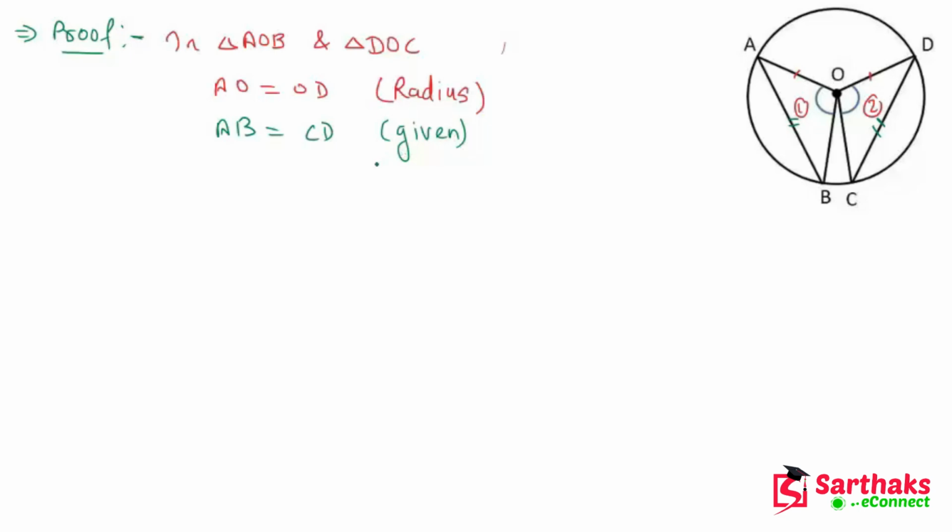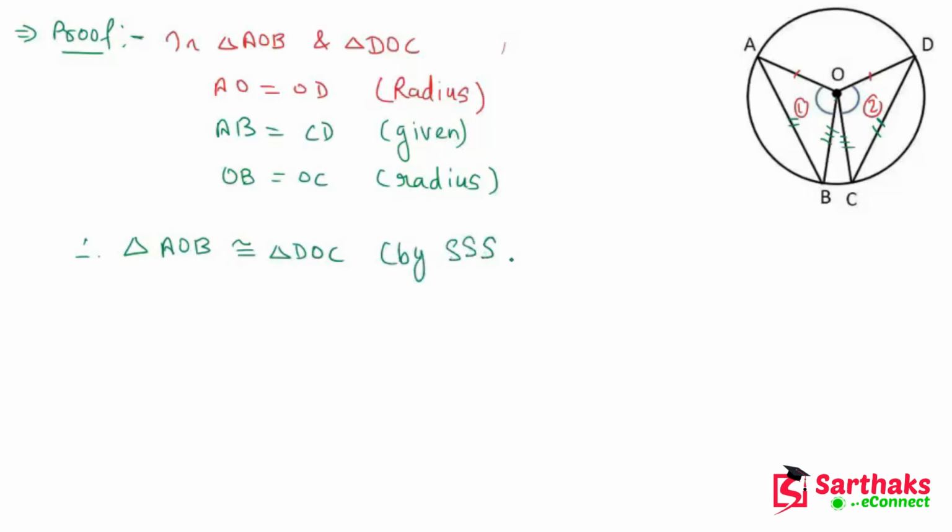The third condition is the same again: OB is equal to OC because this is also a radius. So we can say that triangle AOB is congruent to triangle DOC. These two triangles are congruent by the SSS rule.